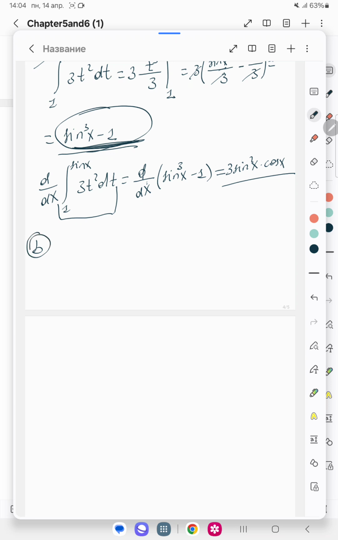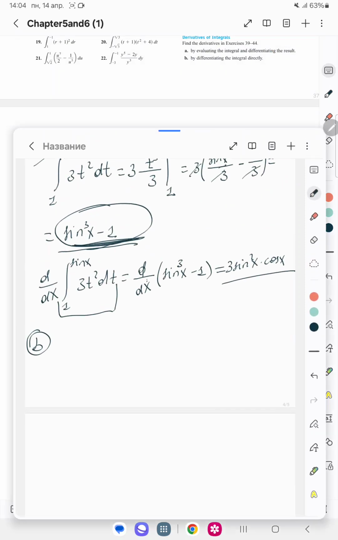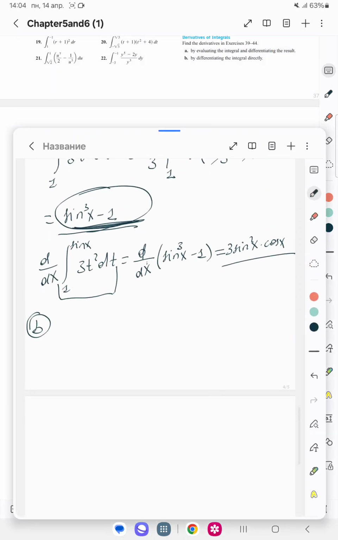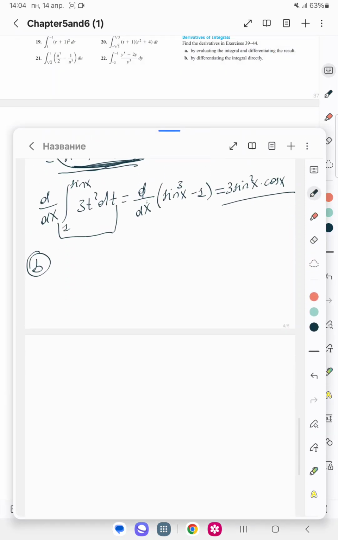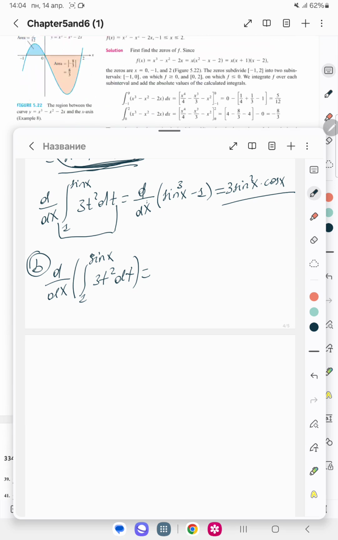B. In B, it says by differentiating the integral directly, meaning do it directly, not step by step. For that, we have a formula here.